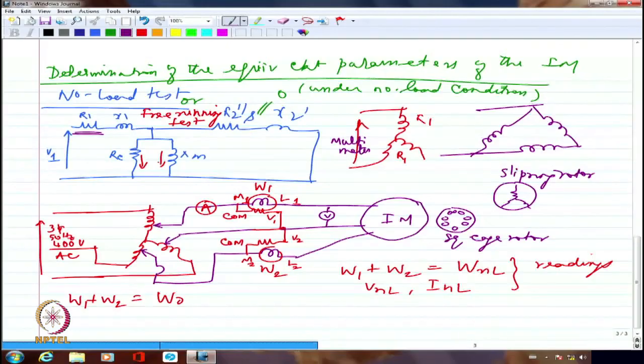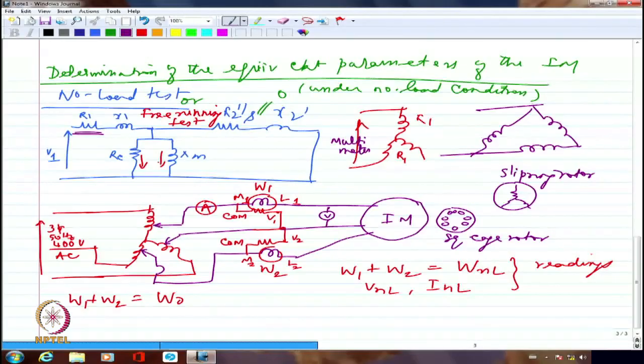This is true in the case of a large induction motor, about 20% or something. If it is a small induction motor, like what we have in the laboratory, we couldn't care less. The value of the no load current can be as high as 50% in many cases. So it's very large.